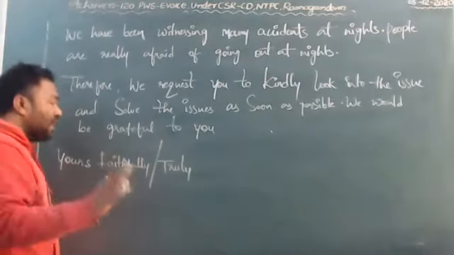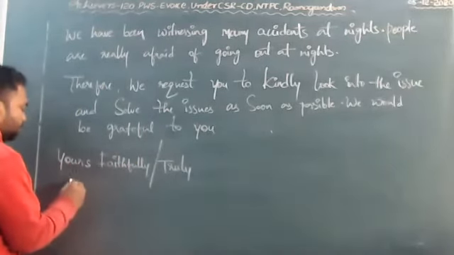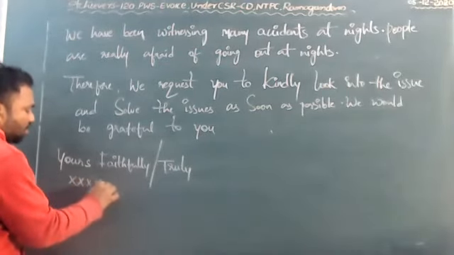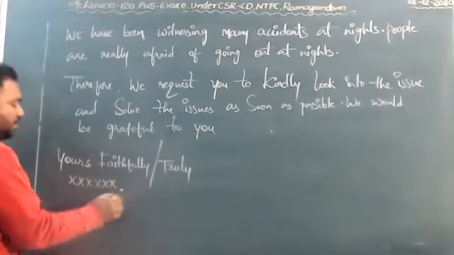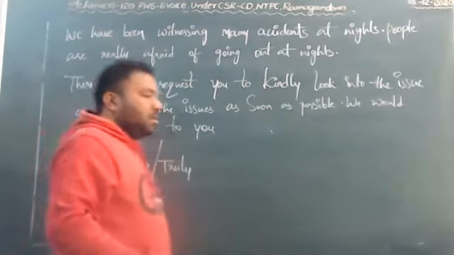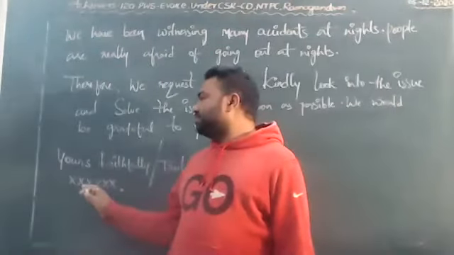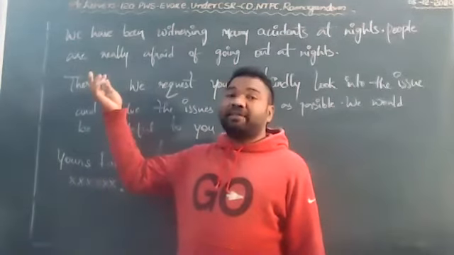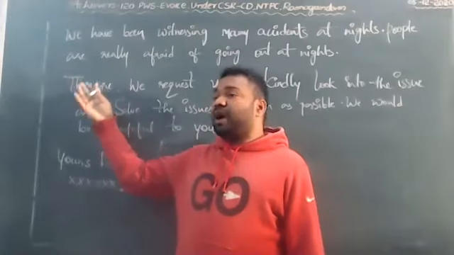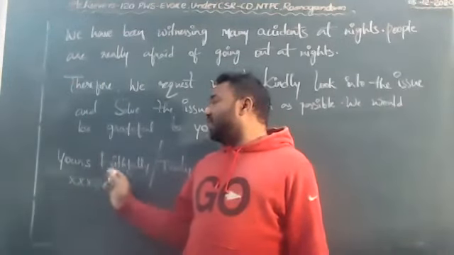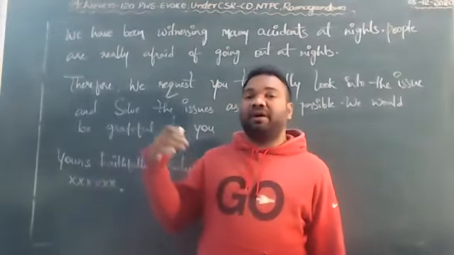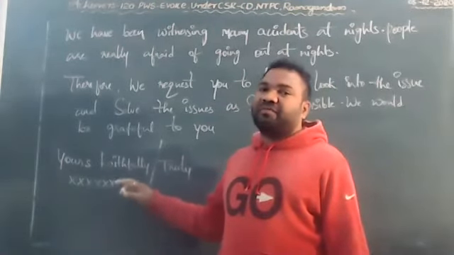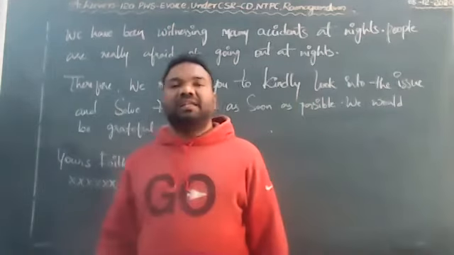That's enough. Okay. So now here, full stop. So this is called superscription, and the two address is there. This two address and this yours faithfully is called superscription or address on the envelope. Students, this is the fifth part of the official letter.